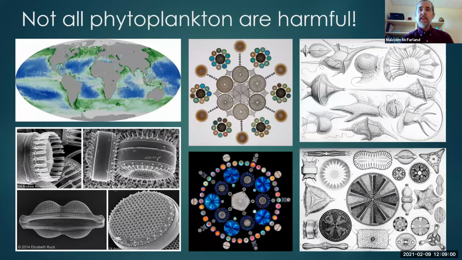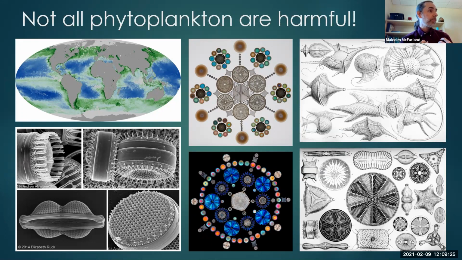And whenever I talk about these guys, I want to make sure people understand that they're not all evil and bad and harmful. Phytoplankton in general and these microscopic algae are really important components of marine ecosystems and freshwater ecosystems. They basically form the base of the food chain, and they are absolutely critical.